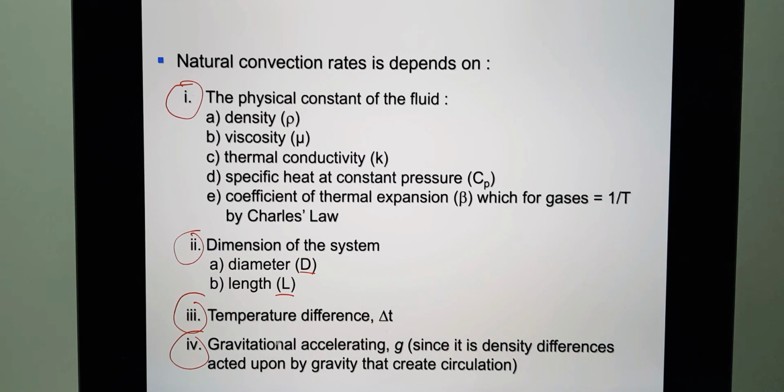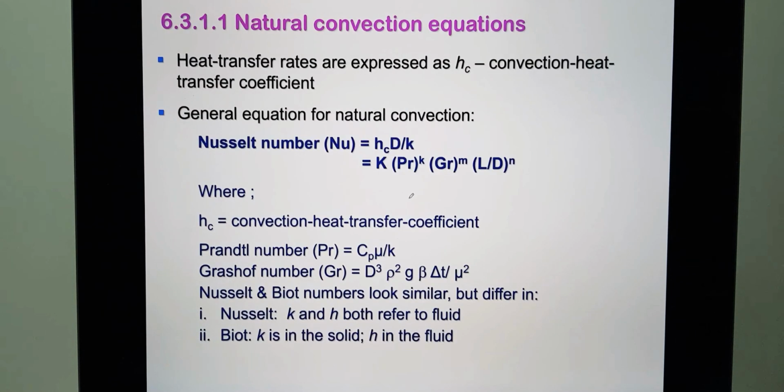Last but not least is gravitational acceleration, g, because density differences acted upon by gravity create circulation. When we cool down our food products by natural convection, we are depending on gravity as well as the natural environment in that area. So some of the particles might settle at the bottom. This is due to gravitational acceleration.